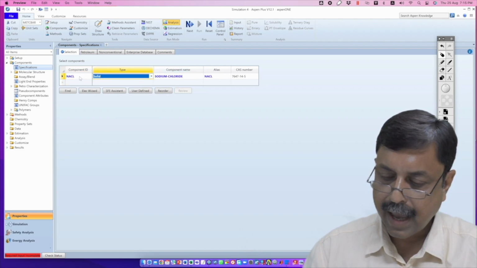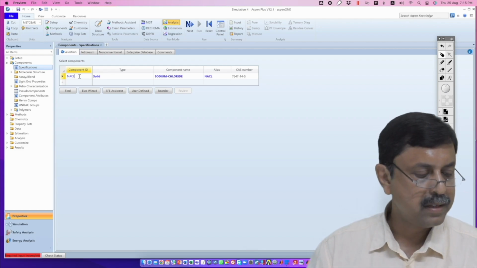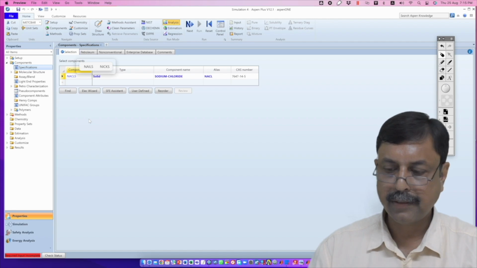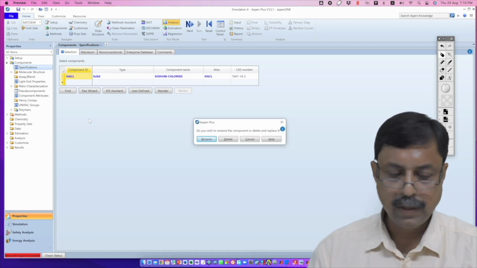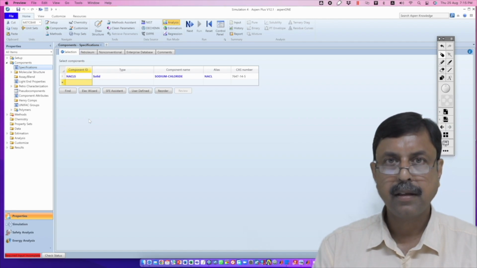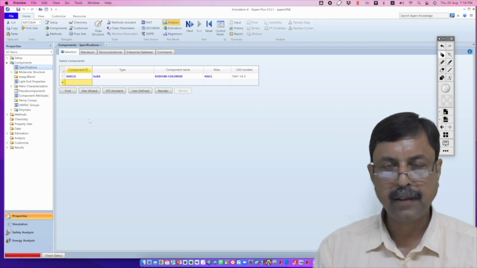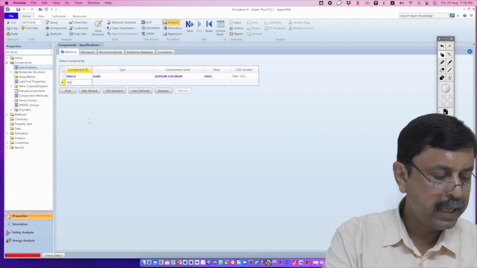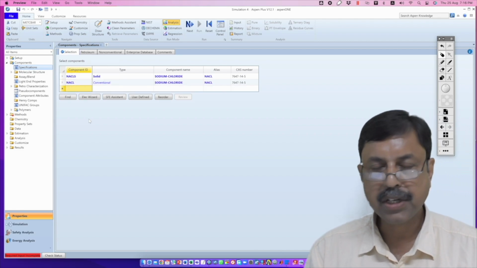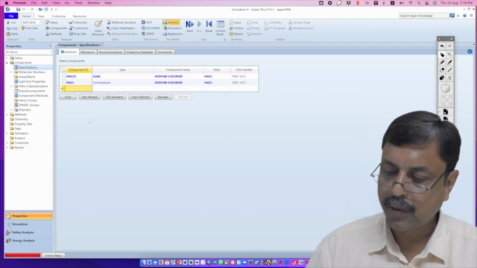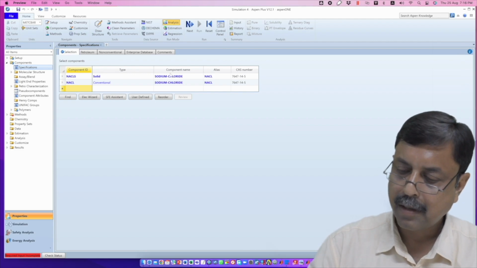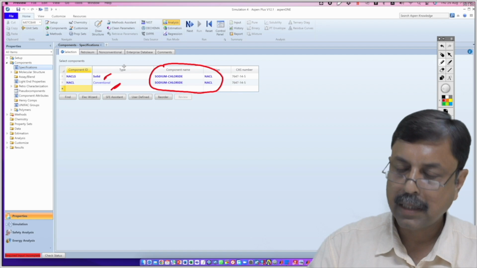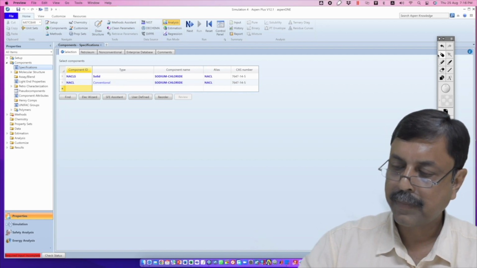Let us give it the names NaCl-S, so that we have a distinction between normal NaCl and solid NaCl. And then again NaCl, conventional. So both are sodium chloride, but one is conventional, the other one is solid.